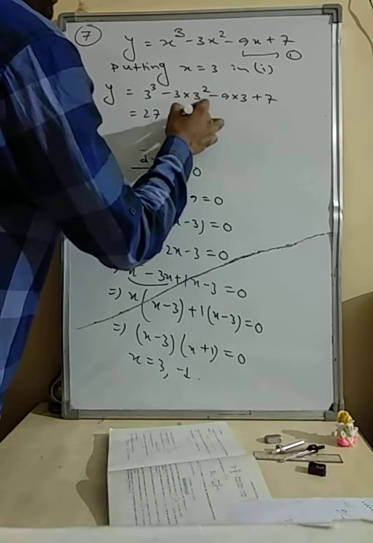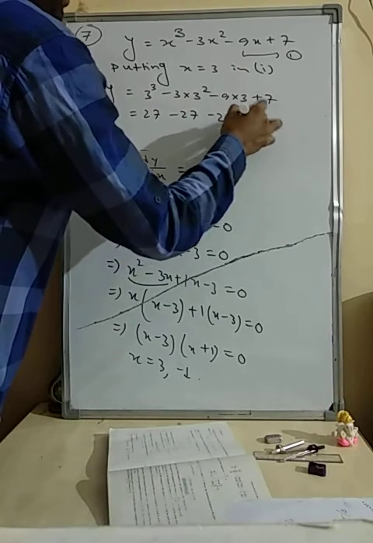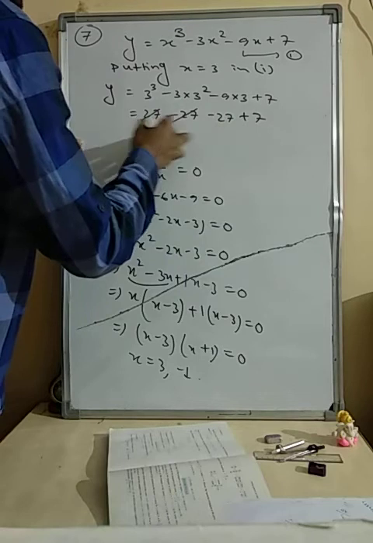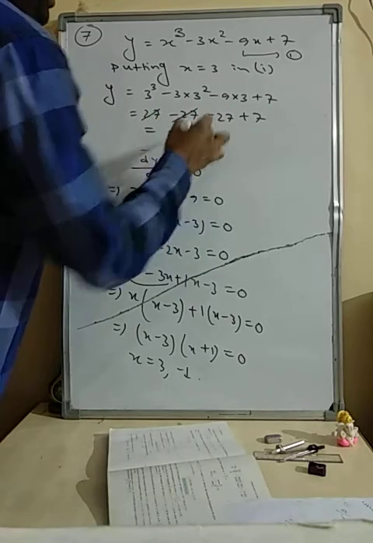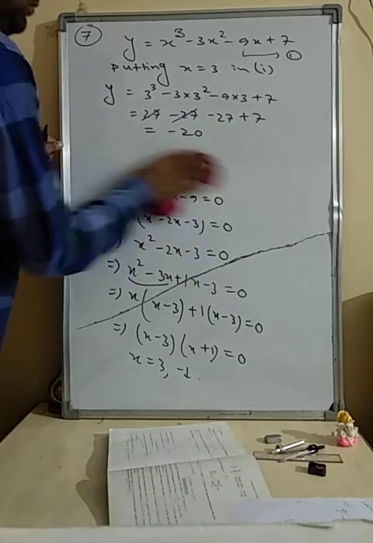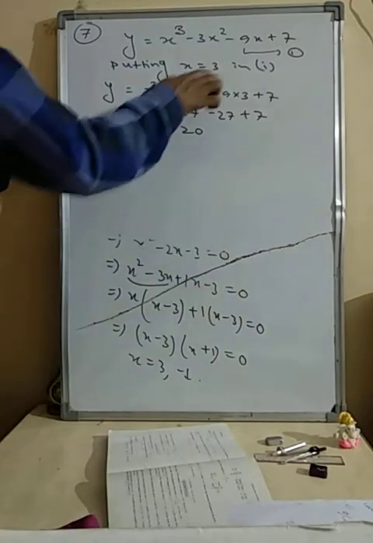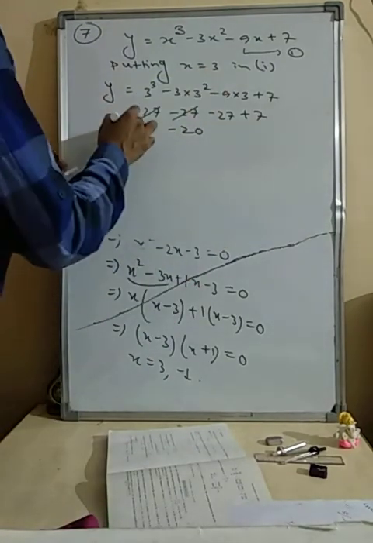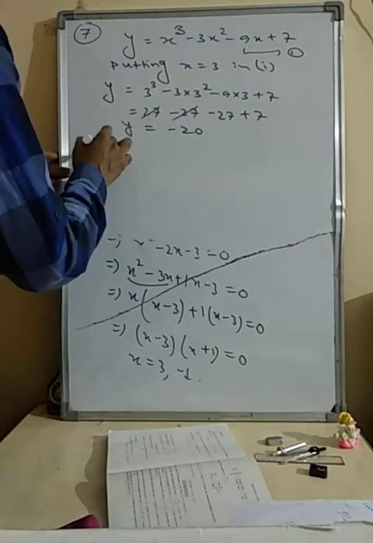That is 27 minus 27, 3 3s are 9 times 3 is 27, minus 27, it cancels. Minus 27 plus 7 is minus 20. So if x equal to 3 then y equal to minus 20. This is one point.